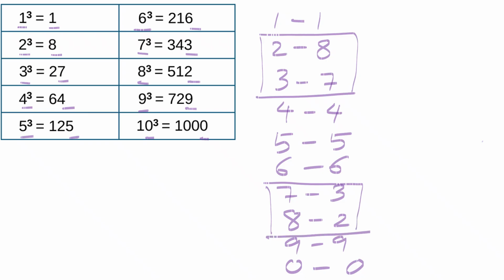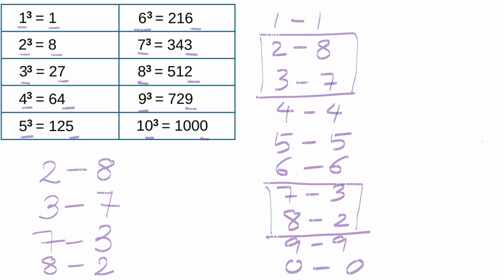Now suppose your cube is ending at 2, its cube root will end at 8. If a cube is ending at 7, its cube root will end at 3. If a cube is ending at 3, its cube root will end at 7. If a cube is ending at 8, its cube root will end at 2. Just this you have to keep in mind, and the rest are very easy. They are ending at the same digits only.